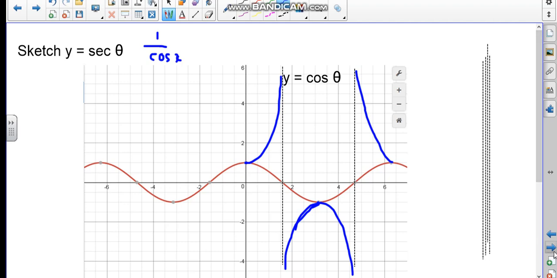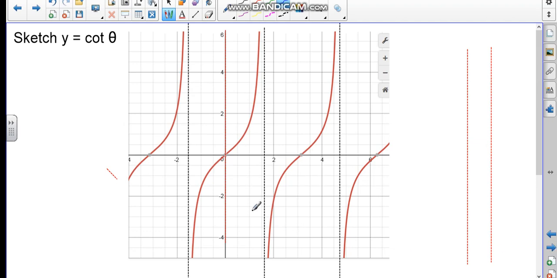Let's have a look at the cotangent graph, or cot graph. Again, what I've got here is the tangent graph, and cot is 1 over tan. This has already got asymptotes in. I've done different coloured asymptotes for the ones we're going to need here. We'll just look between 0 and 2 pi again.